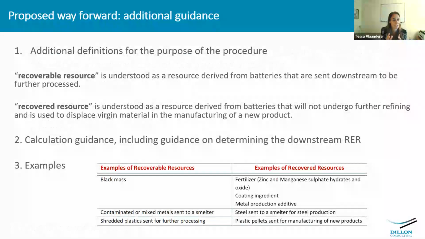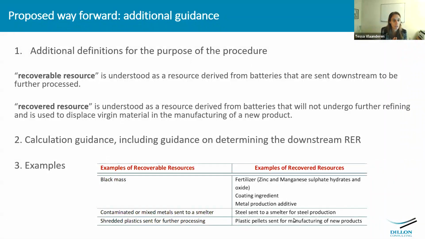And we included 3 additional areas for guidance. First, we included additional definitions and a new notion. This new notion was of a recoverable resource, which is understood to be a resource that is derived from batteries that are sent downstream to be further processed.